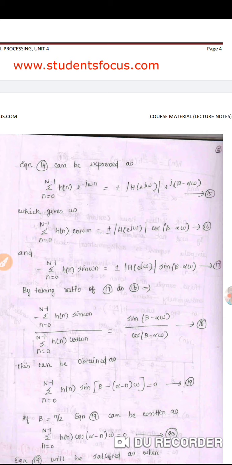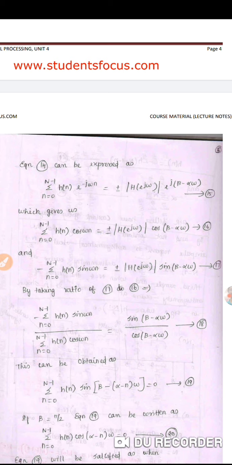We know e power j theta is nothing but cos theta plus j sin theta. So here in the place of e power minus j omega n, you write cos omega n minus j sin omega n, and e power j of beta minus alpha omega can be written as cos of beta minus alpha omega plus j sin of beta minus alpha omega.